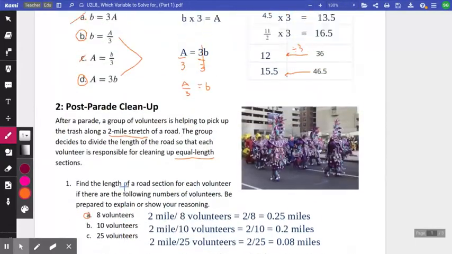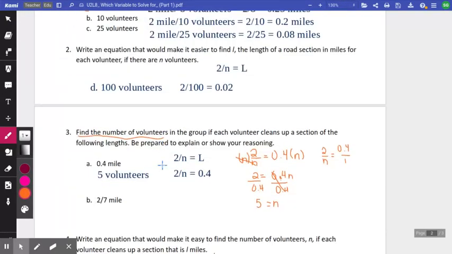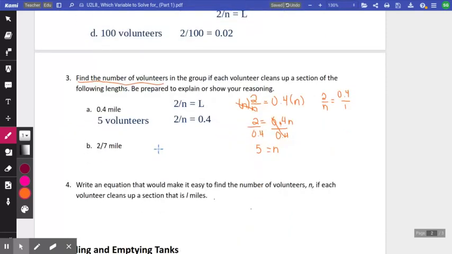It's going to be similar to what we had done up here when we took this first equation and solved it to give us that second equation. In this scenario, our equation is 2 divided by n equals L. I'm not going to substitute yet. Instead, let me change this around so that instead of saying equals L, it says equals n.